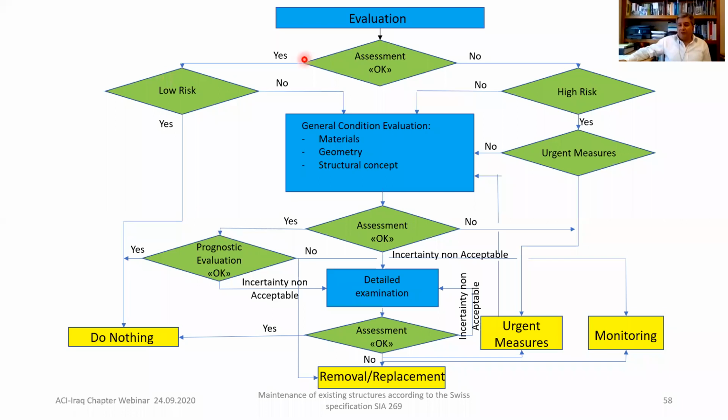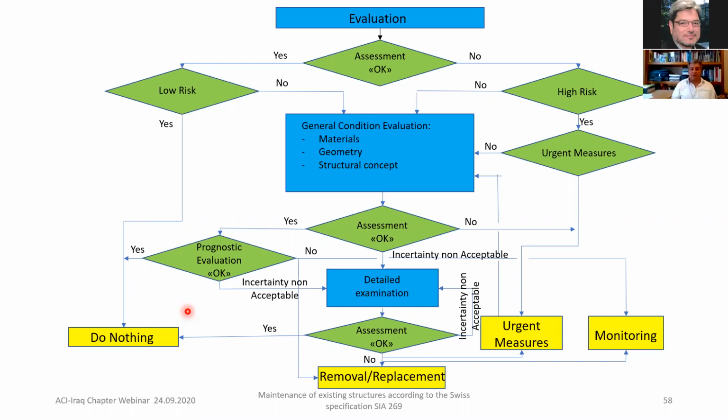The flowchart for the work, I will not enter here in more detail, but I can just say that at the end, the SIA 269 gives you the tools that allow you to take the decision if you do nothing, or if you have to remove the structure to replace it with another thing, or you have to take urgent measures such as some modifications or maintenance properties, and if you have to just keep an eye on it because something is not working well.